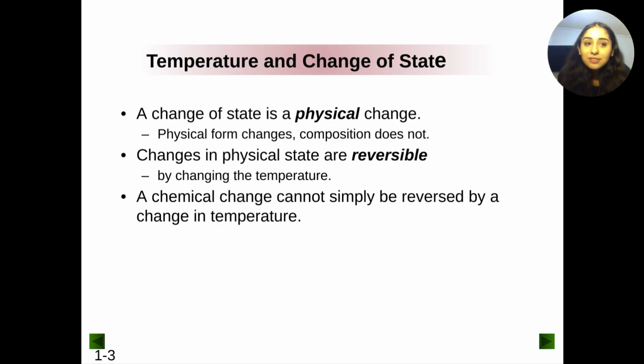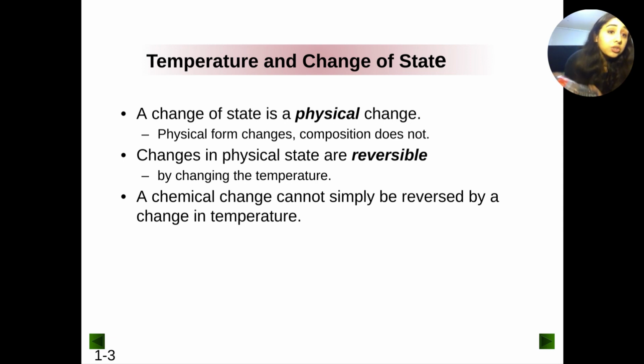So a change of state is a physical change. Physical form changes are like this bottle of water. I could put it in the freezer and it'll expand, but that doesn't mean that it chemically changed. It just physically changed. So it became ice. And I can switch it back to water and it is still H2O.